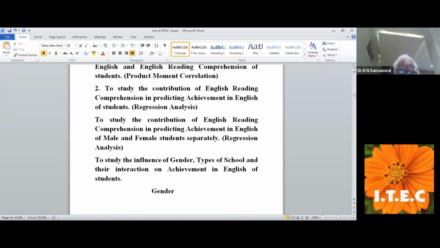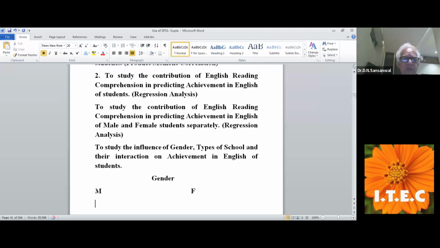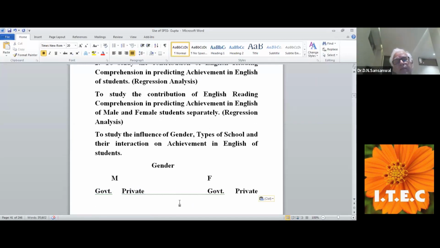That means you must know how many males and how many females there are. Then in the case of males, how many are in government school and how many are in private school? Similarly, in the case of females, you should know how many are in government schools and how many are in private schools.